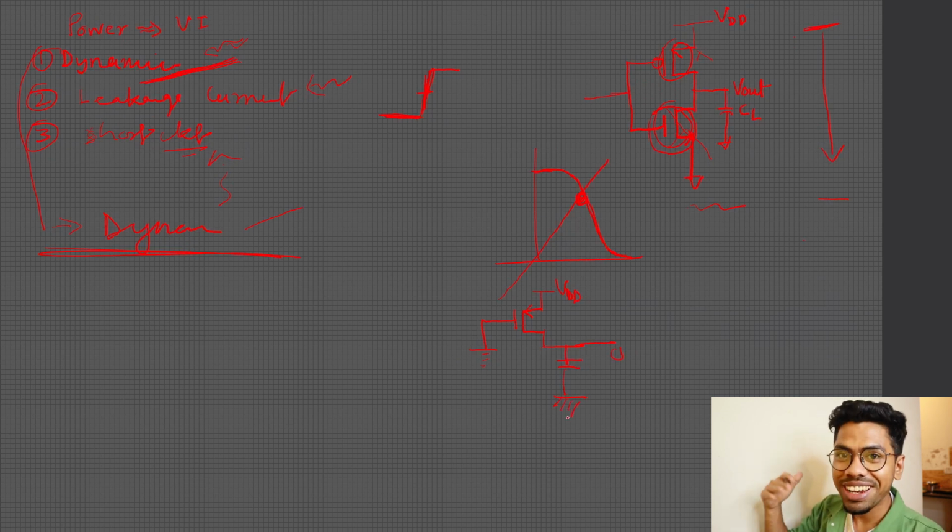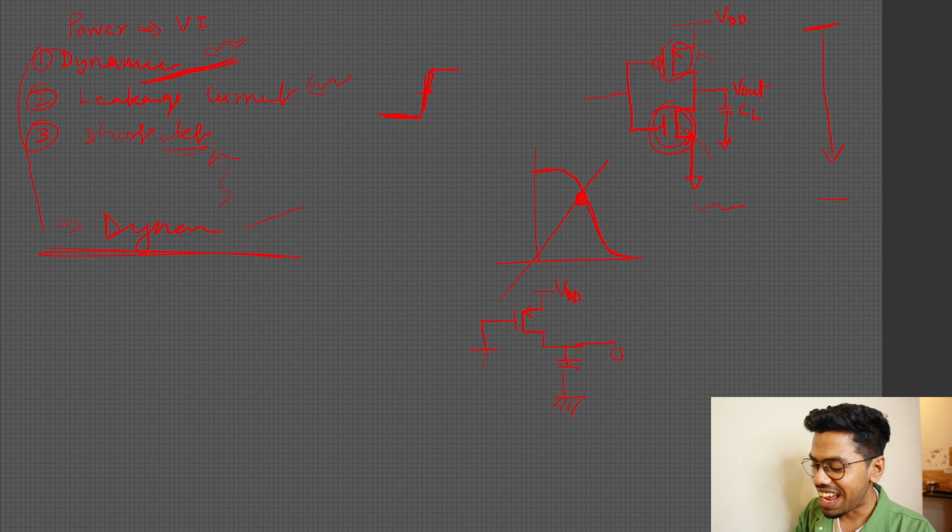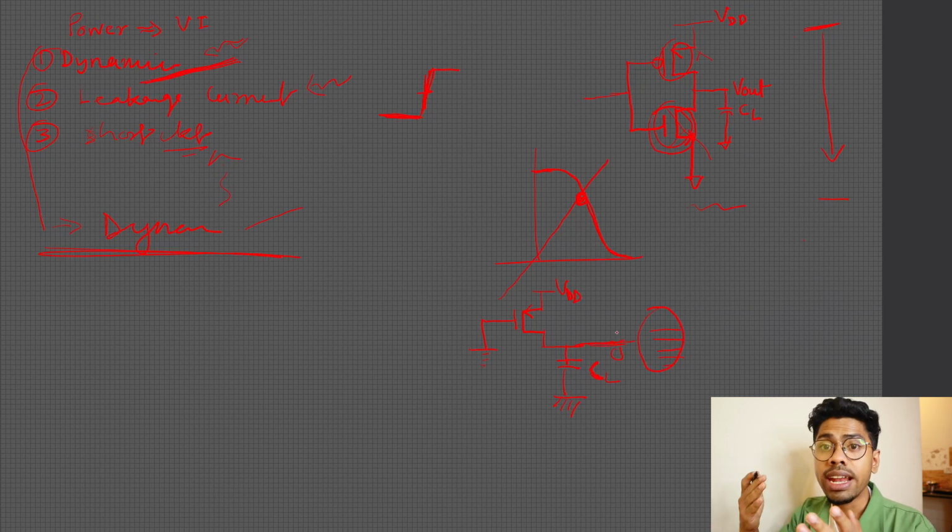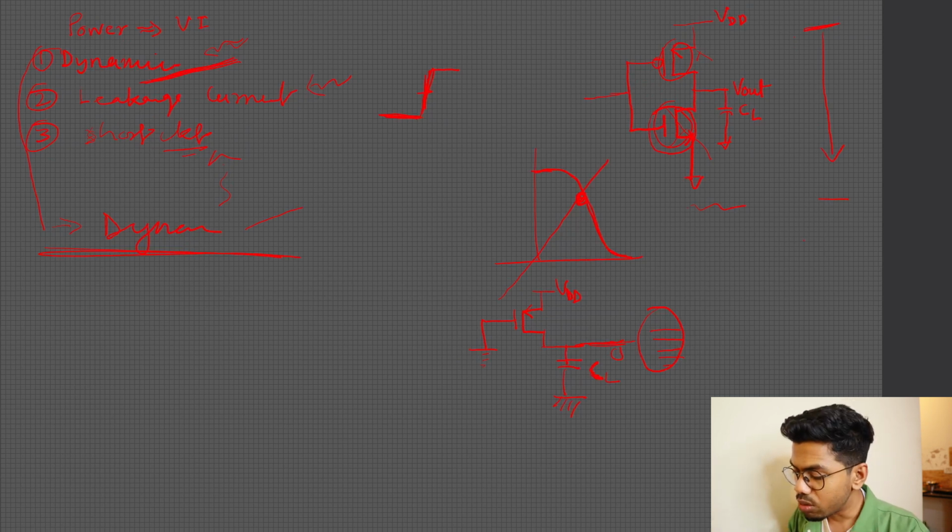Just recall our earlier classes where I explained how this CL comes about. This CL is basically the capacitance it will see when connected to some external circuit, plus the wire capacitance, plus the inverter's own capacitance. There are three components, and those are written together as CL.